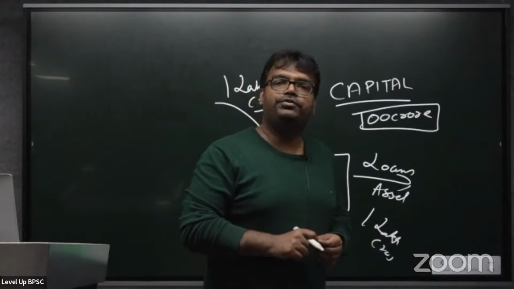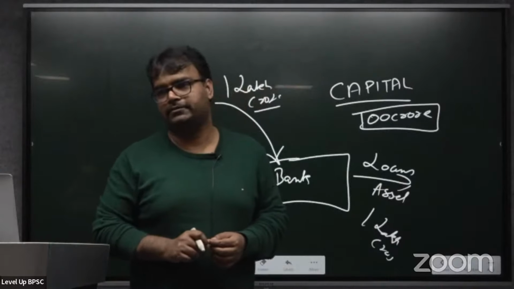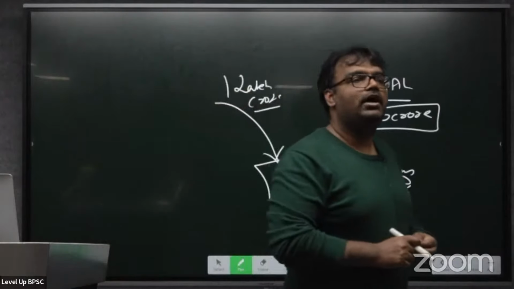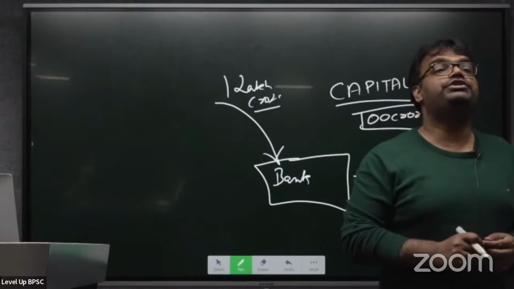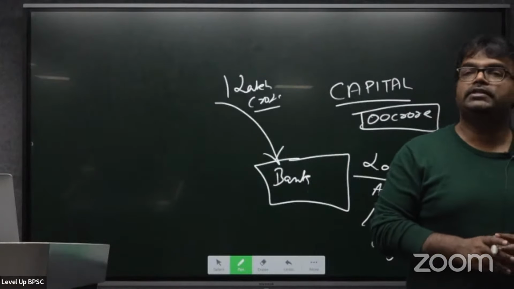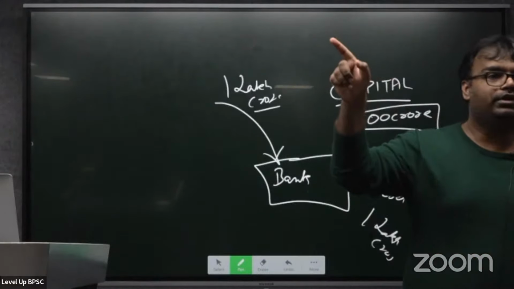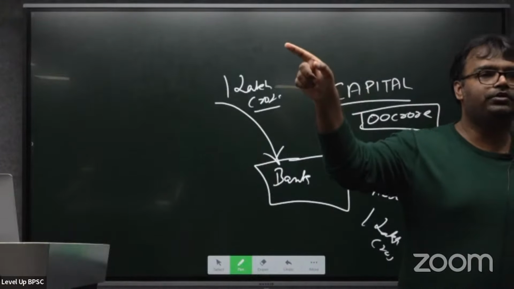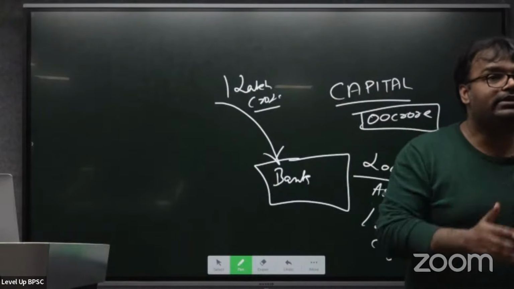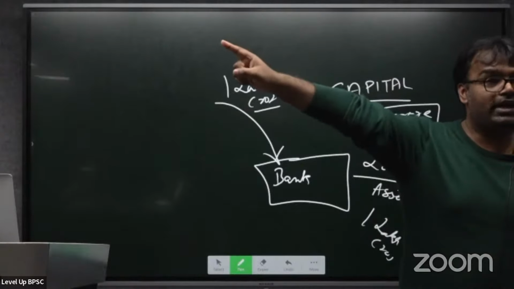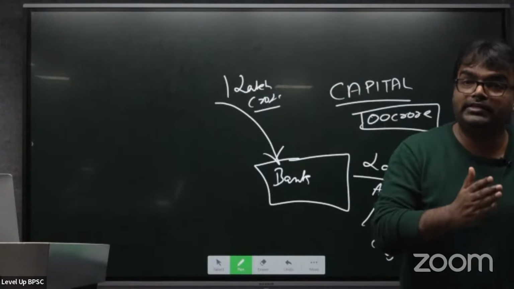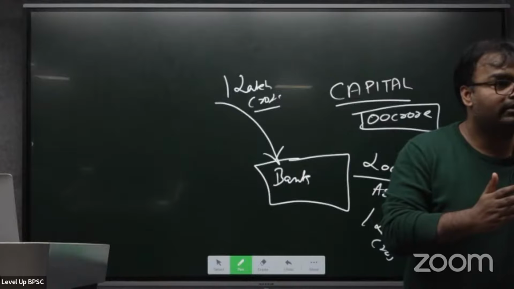So capital adequacy ratio is this. If we say that, let's say RBI mandates that capital adequacy ratio is 10%. It means that if your loan is of 100 crore rupees, your capital should be at least 10 crore rupees. If your loan is 1 lakh crore rupees, your capital should be at least 10,000 crore rupees.